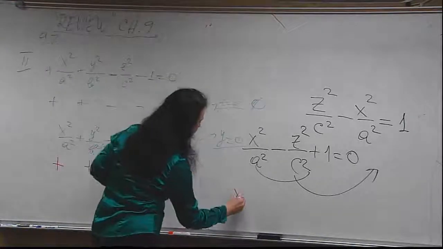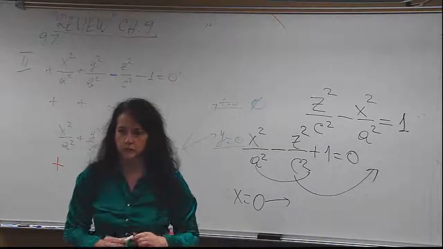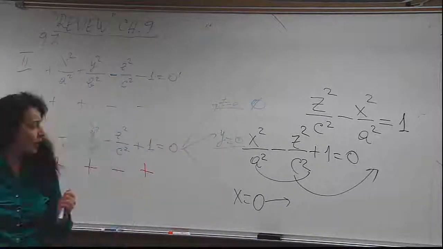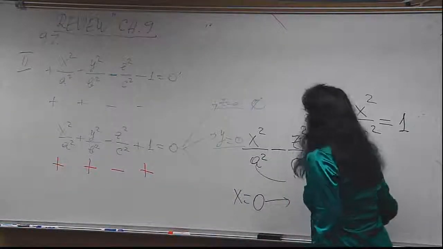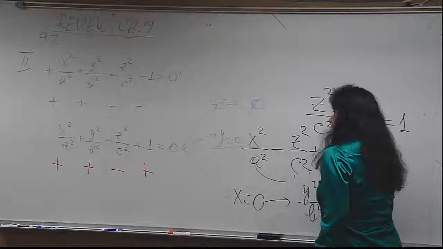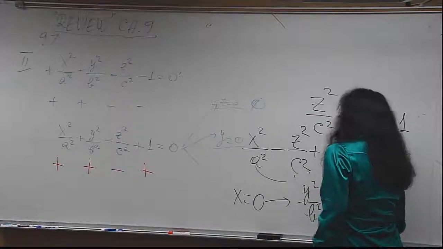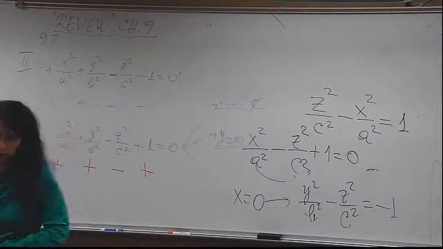You can also take x equals 0. Who tells me what I have when x equals 0? I also have the same kind of stuff that drives me crazy: y squared over b squared minus z squared over c squared equals minus 1. What is it that I hate about it? It's not the standard hyperbola.